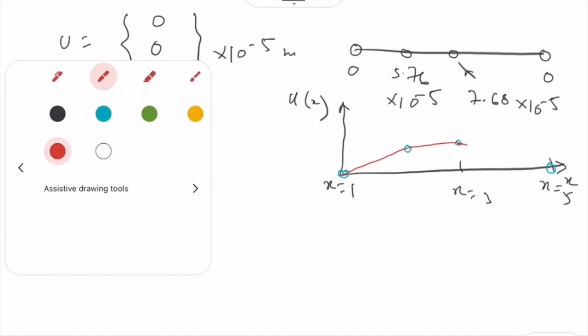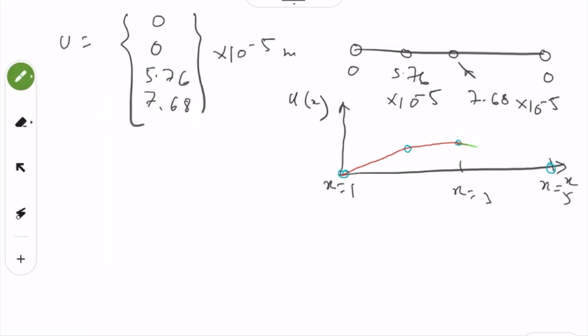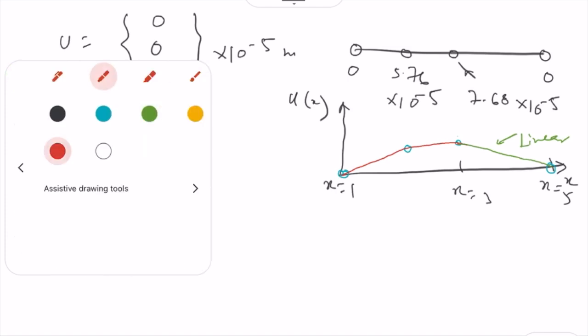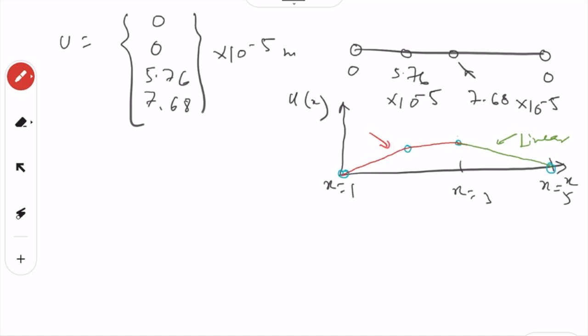Maybe we use a different color, green from here to here. So this one is linear, and this one is quadratic.